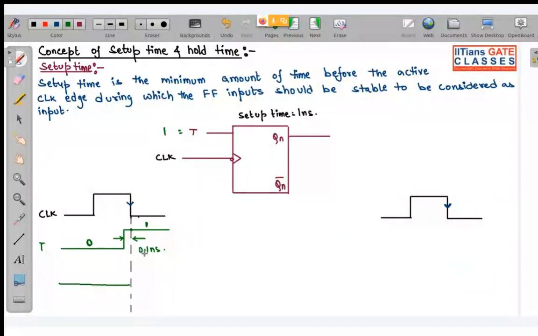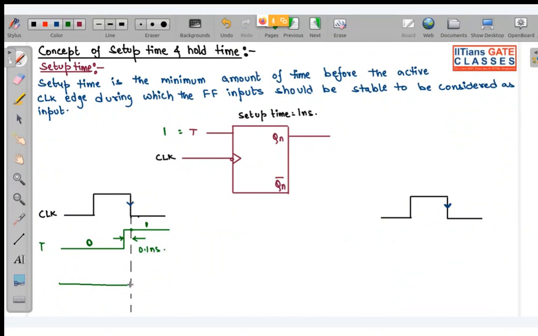Why? Because the input has not stabilized 1 nanosecond before the active clock edge. So setup time is basically the time before the active clock edge in which your input should stabilize to be considered as a valid input.